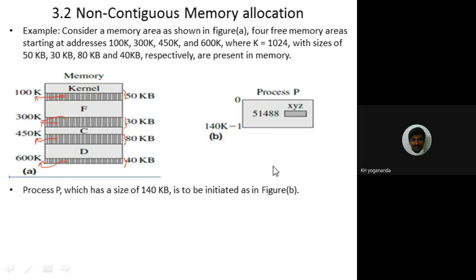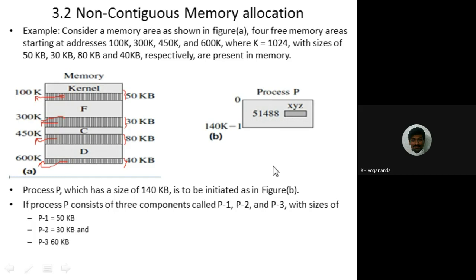Right now there is a process P with a size of 140 kb. The process P can be divided into three components: P1, P2, and P3. Why? We don't have any direct 140 kb space here, so we divide it such that its total becomes 140 kb.